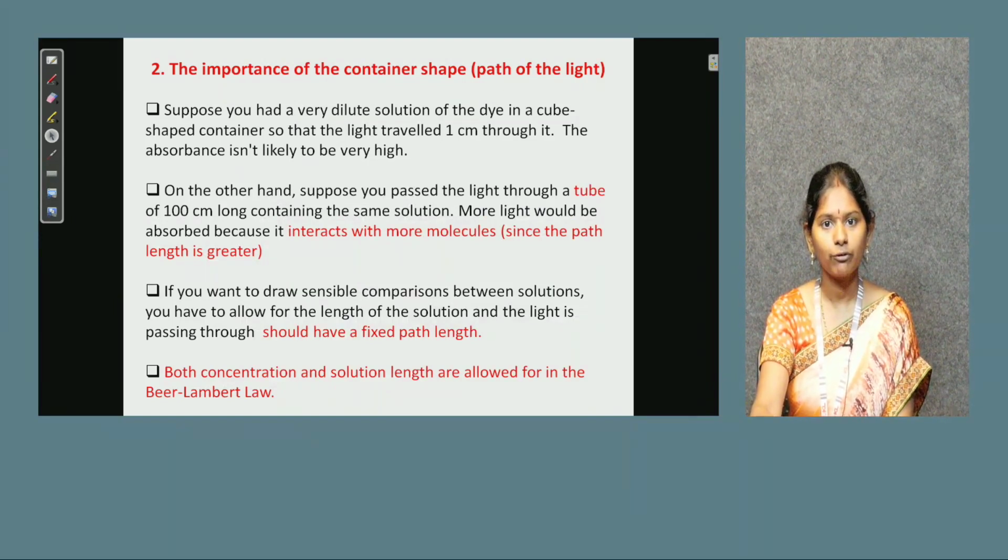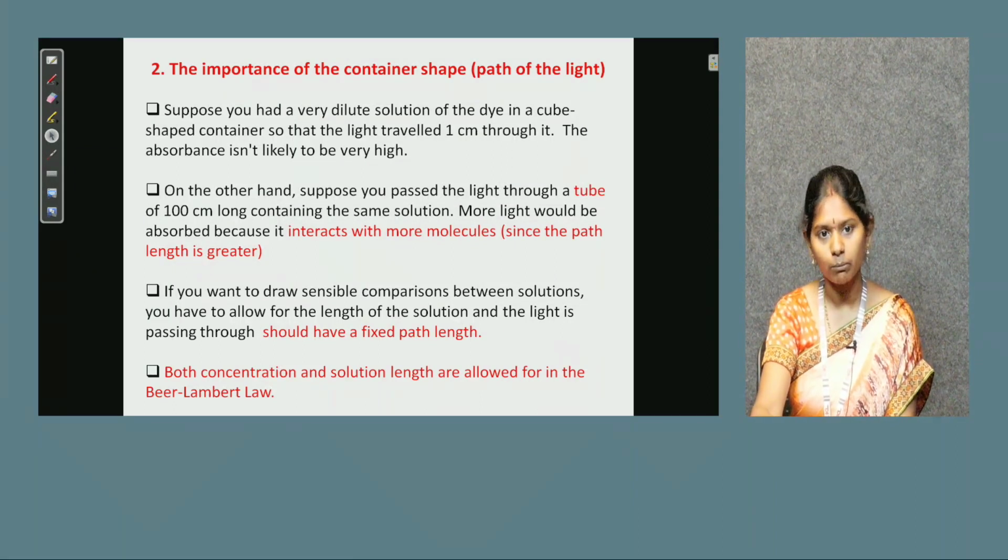On the other hand, if you pass the light through a tube 100 centimeters long containing the same solution, more light would be absorbed because it interacts with more molecules, since the path of this tube-like structure is longer.